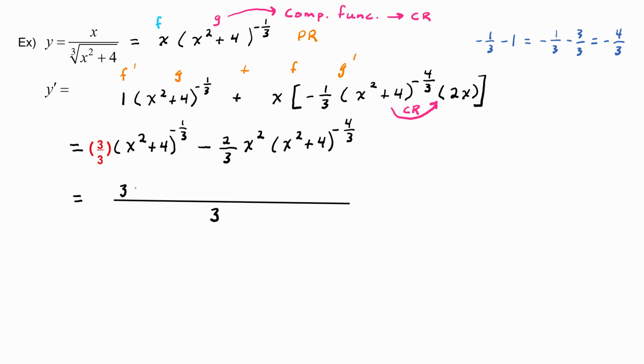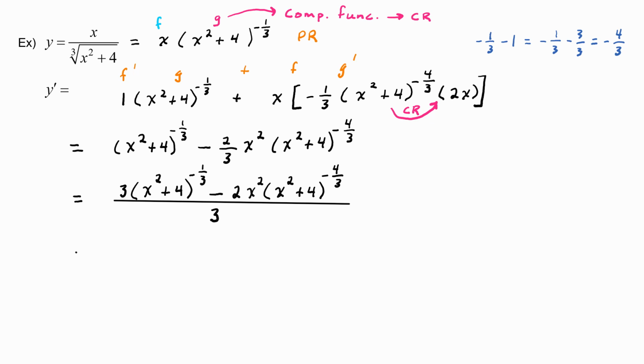So we have 3 times the quantity x squared plus 4 to the negative 1/3, minus, now for this term, we already have the 3 in the denominator, so we will have 2x squared times the quantity x squared plus 4 to the negative 4/3 power.